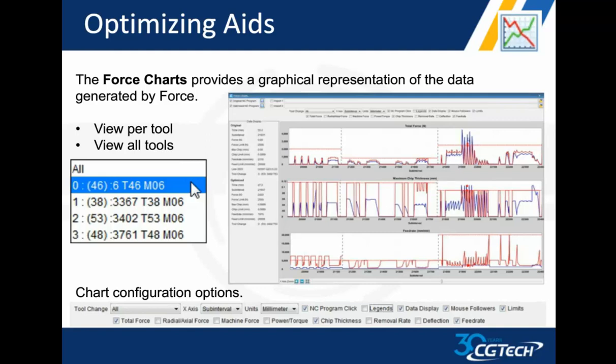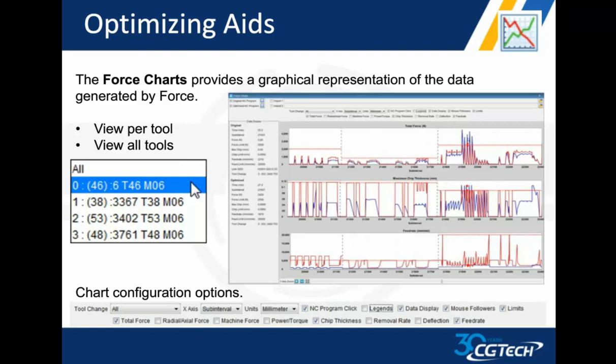You can see here I've got vertical lines showing me where one tool started and ended going into the next cut. At the bottom, I've got chart configuration options where I can have a removal rate. I can show a chart that shows me cutter deflection, or the machine forces, or radial and axial forces. I've got a lot of options in here, and this information is all useful.